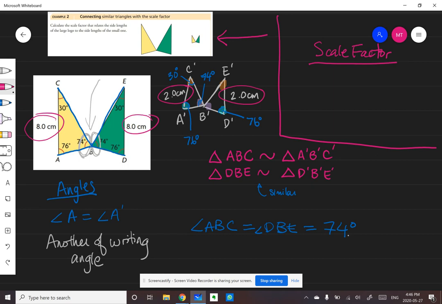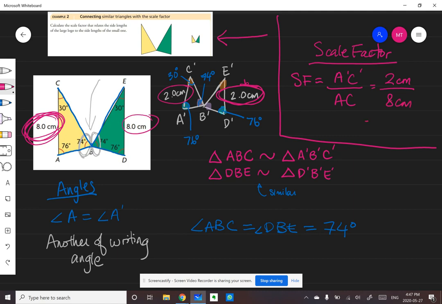Well, I could say the scale factor could be A prime C prime divided by AC. And so I know that over here this is 2 centimeters. That length is proportional to AC over here, so that's going to be 8 centimeters.